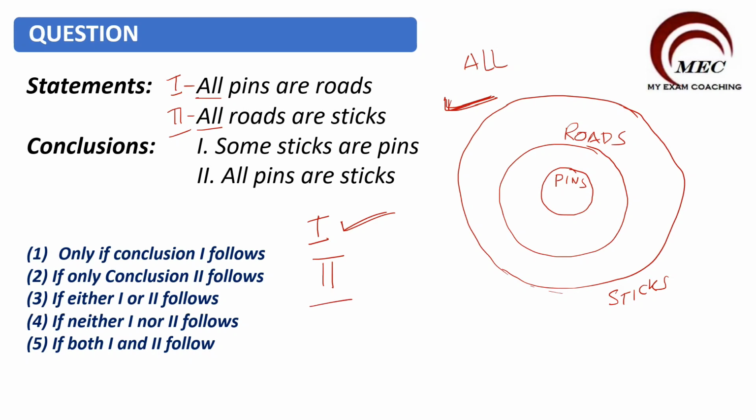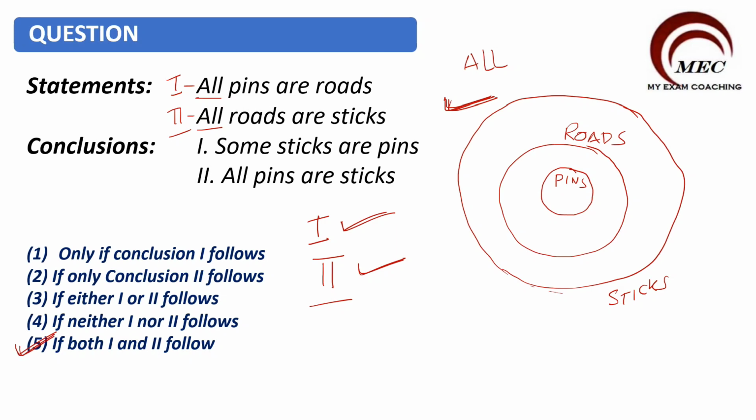All pins also come under stick. That is also correct because all pins come under the big circle stick. So both 1 and 2 are 100% correct. Both conclusions follow, so option 5 is the correct option.